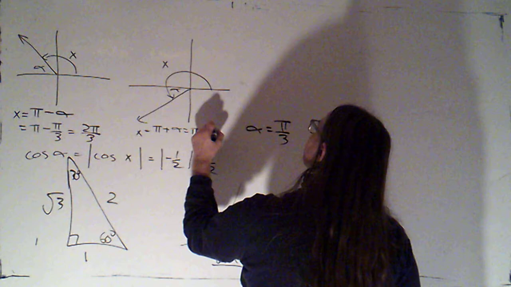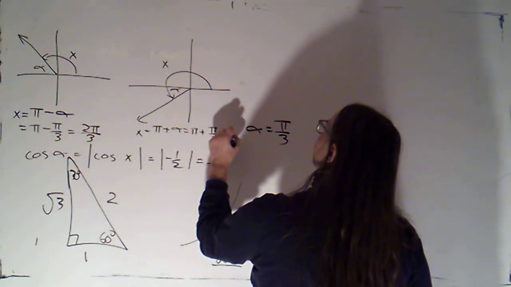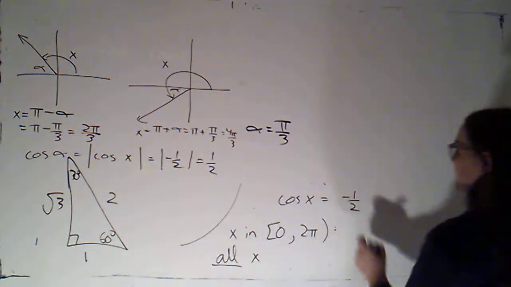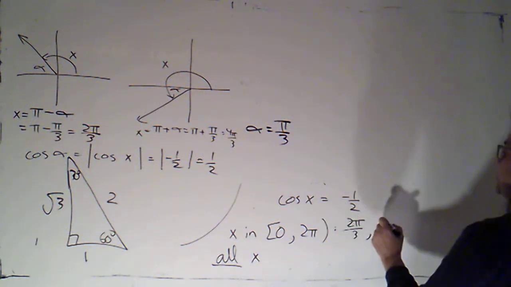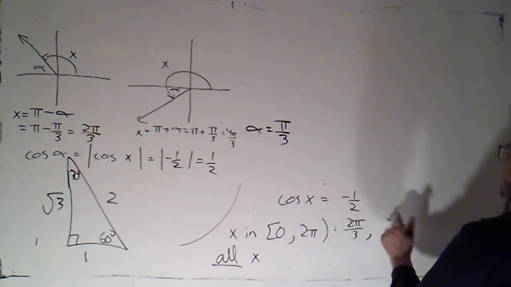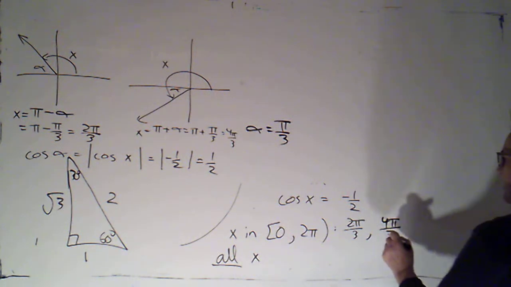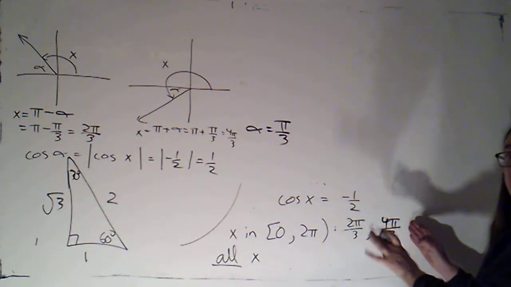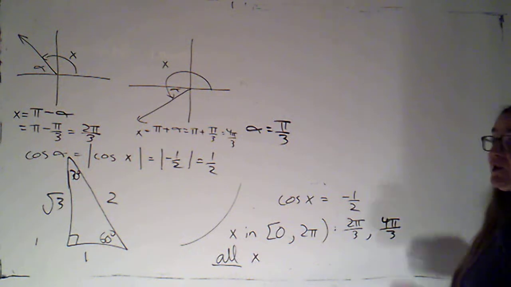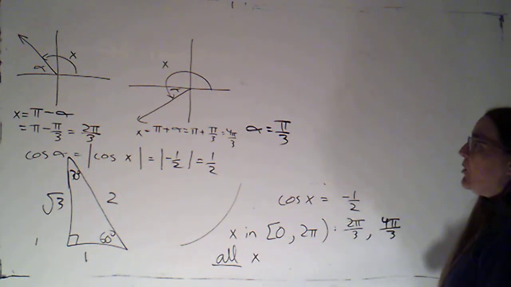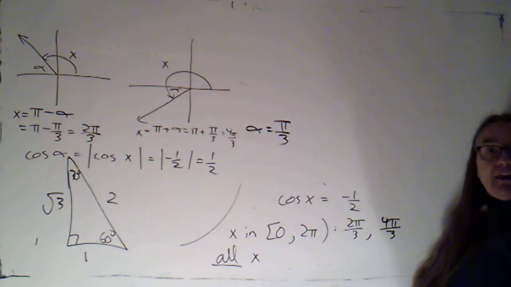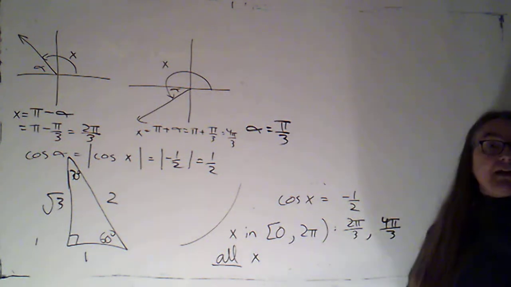That's pi plus pi over 3, so that's 4 pi over 3. So my two solutions between 0 and 2 pi are 2 pi over 3 and 4 pi over 3. Again, if you got that answer by just going to the unit circle and picking out the places where the x value was -1/2, that's a perfectly acceptable way of getting there.